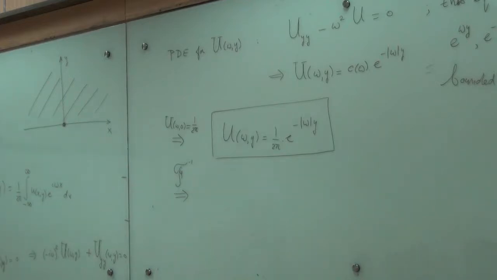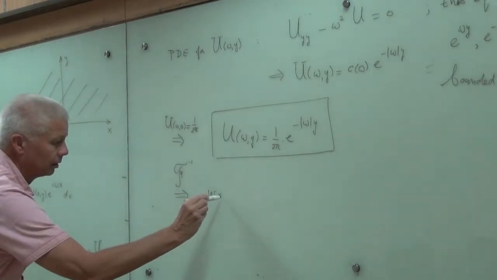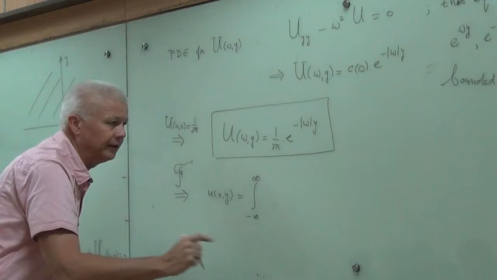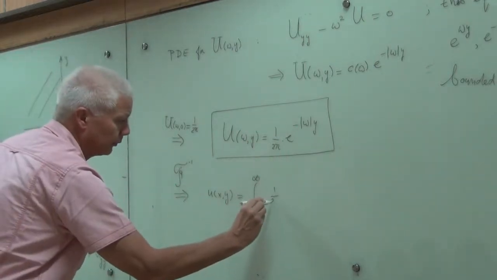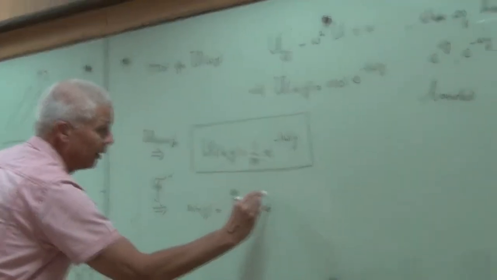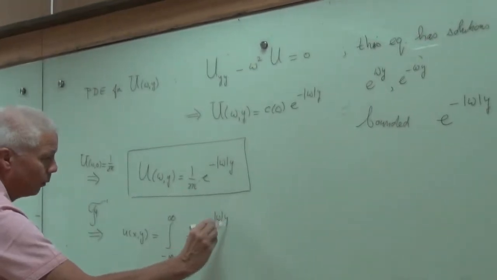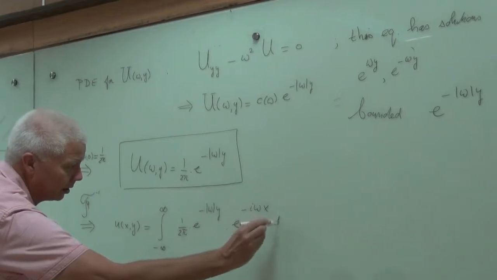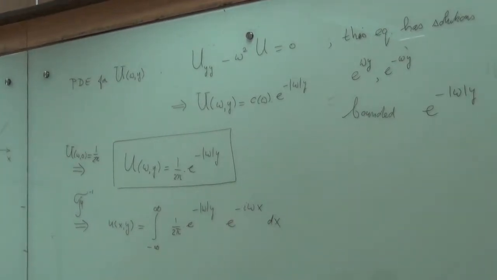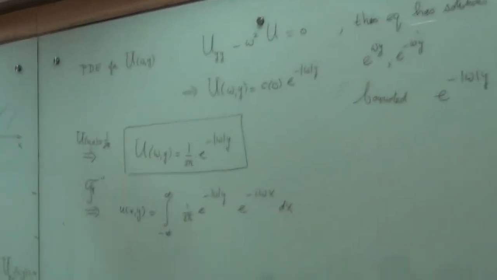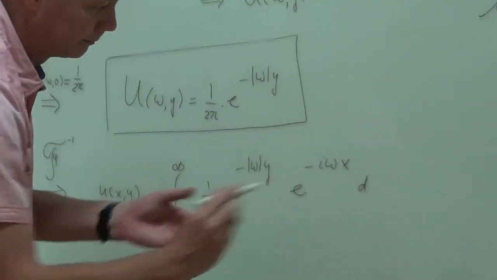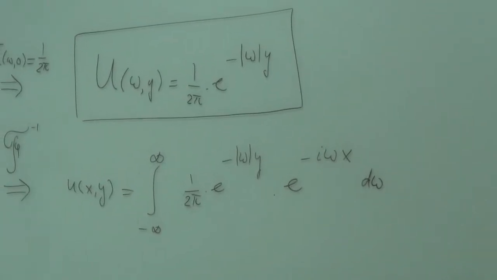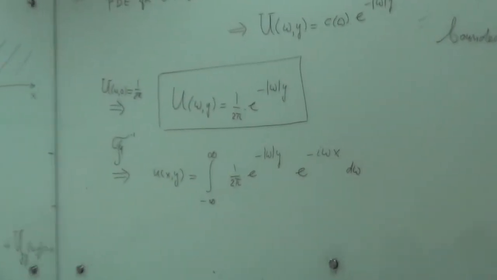Then I have to compute an integral from minus infinity to plus infinity of this function, 1 over 2 pi, e to the power minus omega y, e to the power minus I omega x d omega. And then the question is, can I compute this integral?